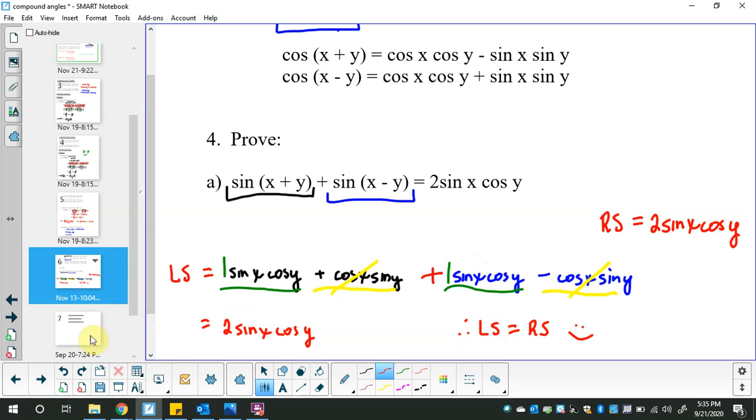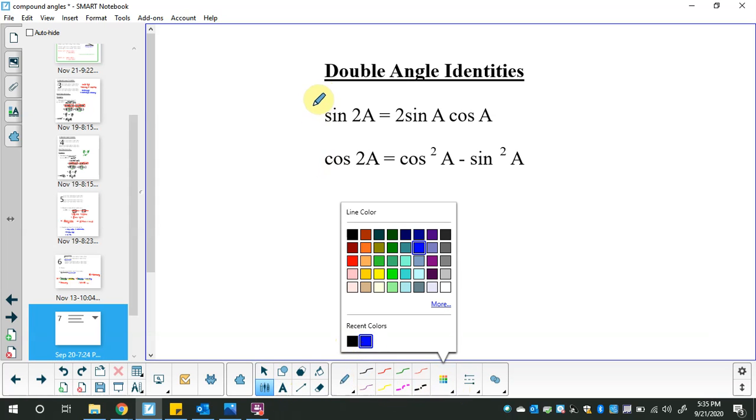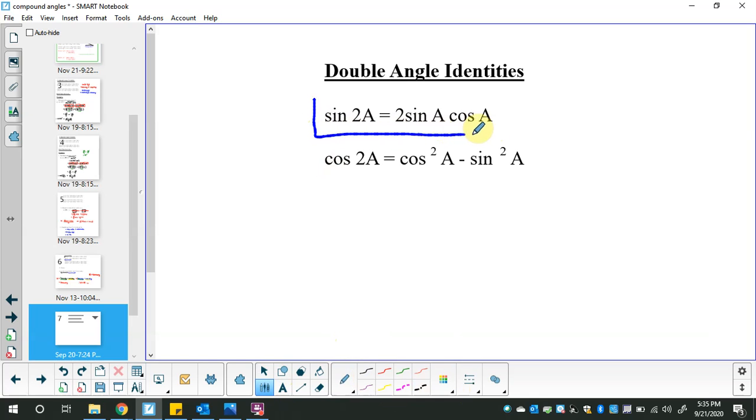So the next thing is taking these 2 double angle identities and making sure that we can get 4 out of them. So we're going to take care of this. Now, before I go on, I want you to know that there is only one double angle identity, and I will show you how it works in a minute.